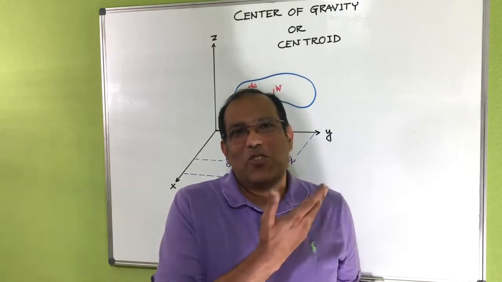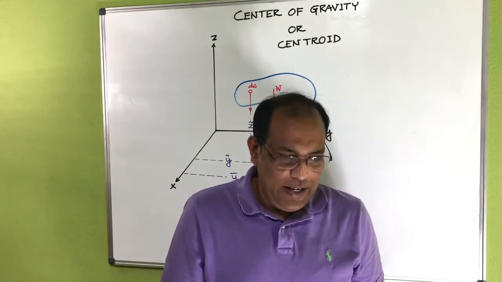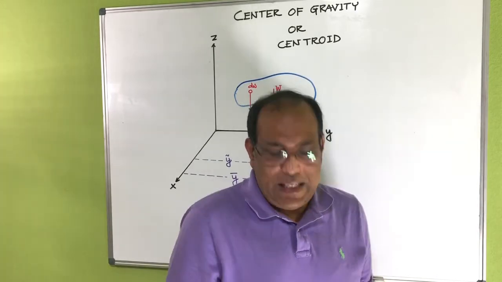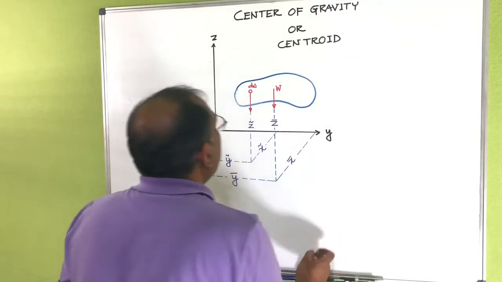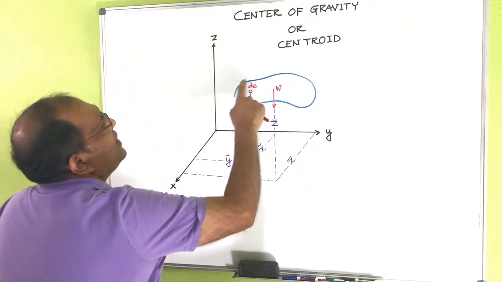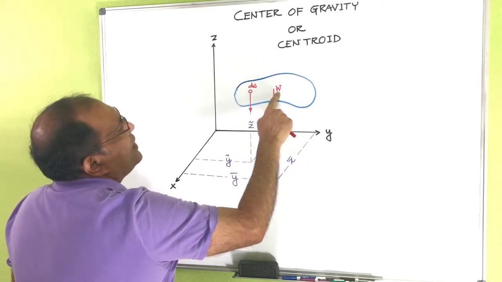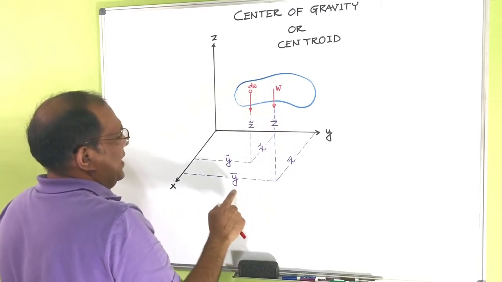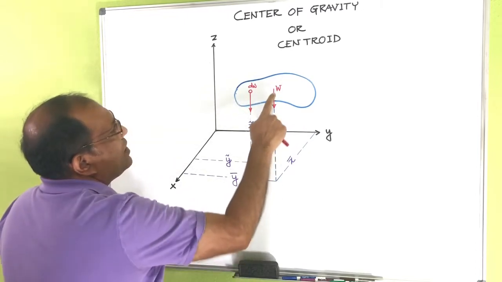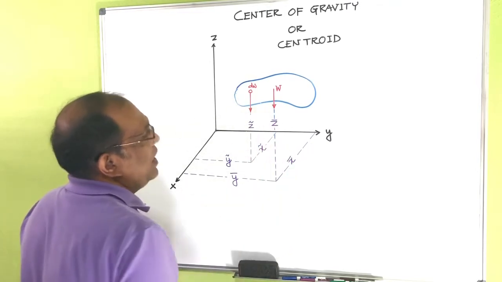Now, let's see how we can develop the mathematical formula to find the centroid of a mass. Let's say in this figure there are multiple particles, and the total weight is W, and the location of that point is x bar, y bar, and z bar.